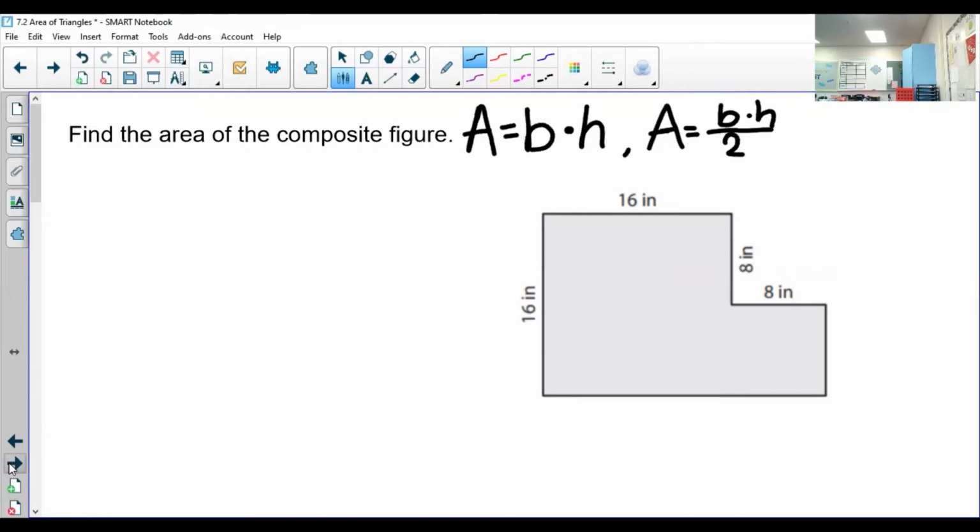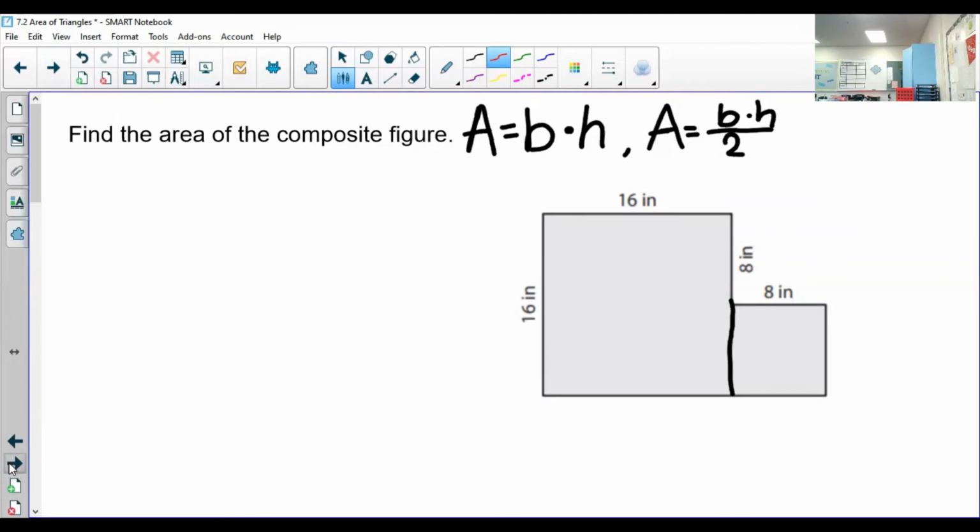So if I wanted to find the area of this whole shape, what could I do? Break it into smaller shapes, right? I see a break right here. I see a big rectangle and a little rectangle. And if we find the area of both of those, add them together, that would give us the area of the whole shape. So, let's get to work.